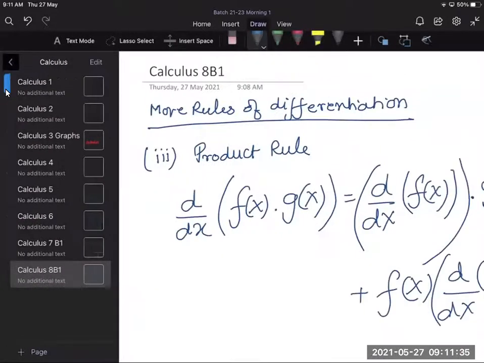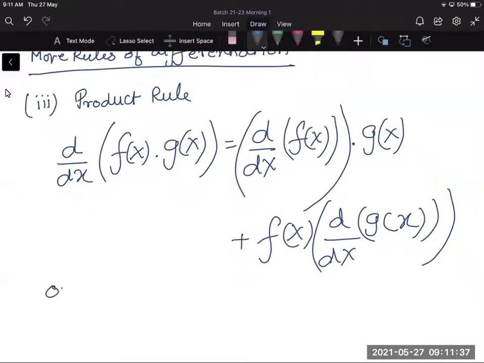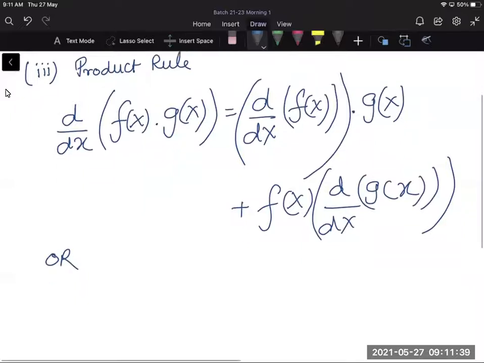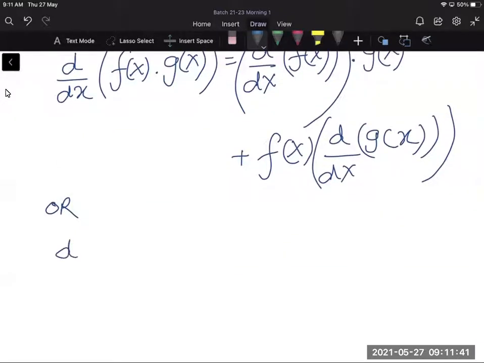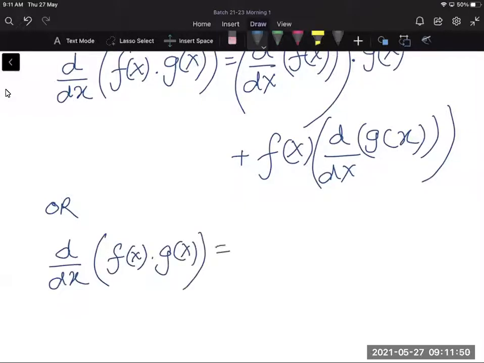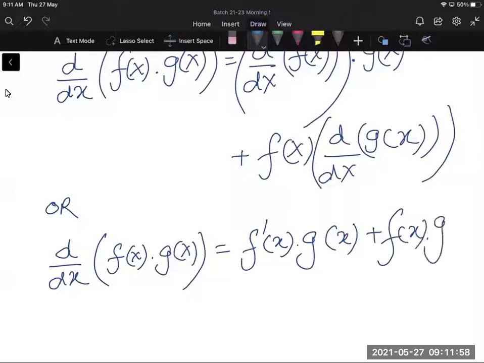So what I can do is I can say that d by dx of f(x) into g(x) will be equal to f dash x into g(x) plus f(x) into g dash x. So small now.